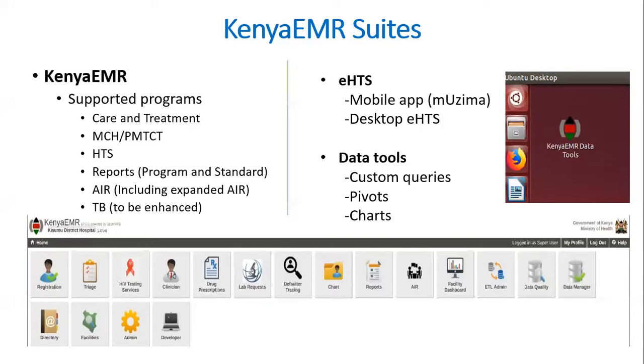Once you've upgraded your system, you'll be able to see all these functionalities. To the right of the screen, we have an icon for KenyaEMR data tools. This is a tool that is used for customized queries, pivoting, and charts. If you want to have additional reports that are not included within the system, then that is the tool for you.